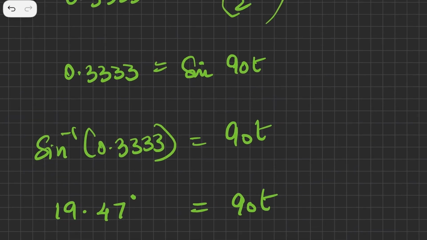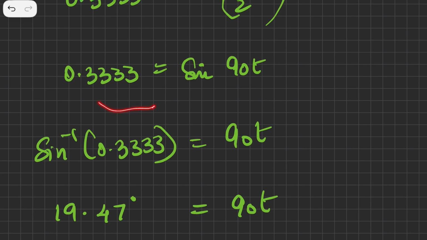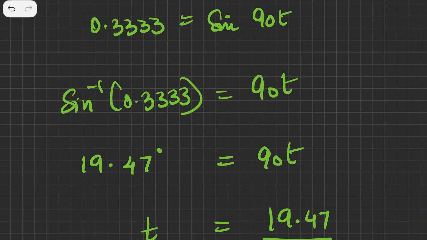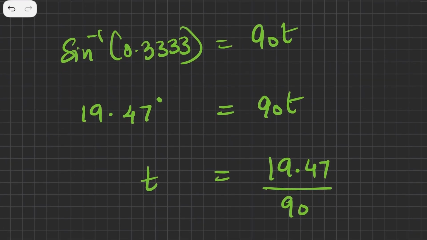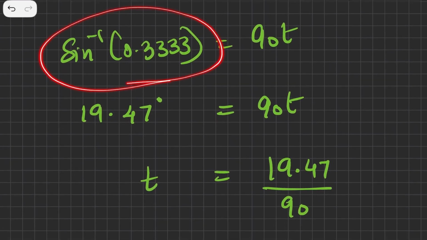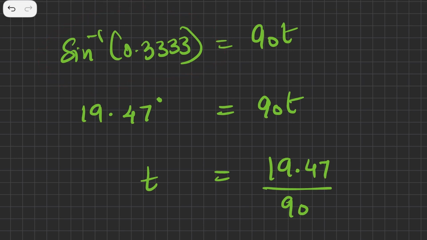In some boards there might be a chance that they will give you the value exactly in the question paper as well, but look out how comfortable you are with this. So sine inverse of 0.3333, if I see it from a table of sine, I'll get 19.47 degrees.